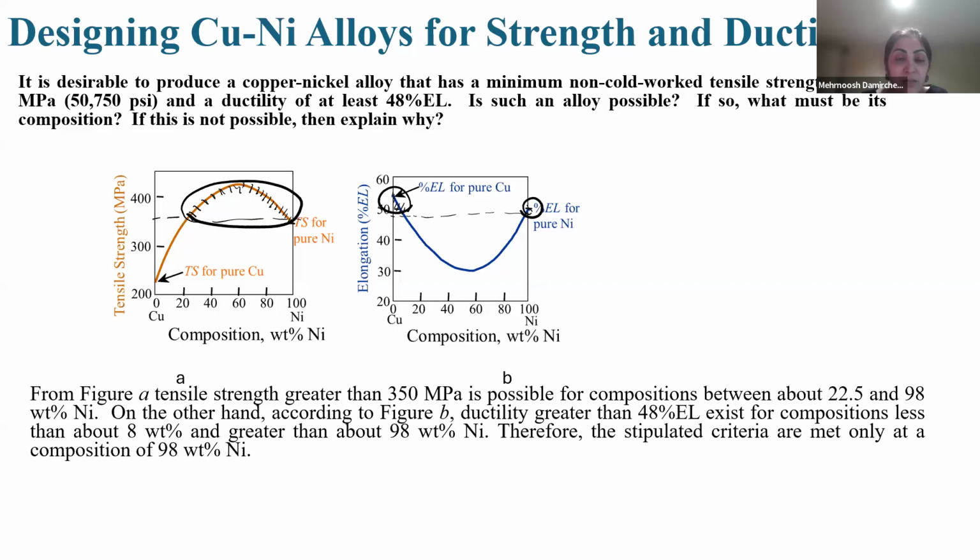On the other hand, according to figure B, ductility bigger than 48% exists for compositions less than 8% nickel, here, and greater than 98%, here, and here between 22.5 and 98%.